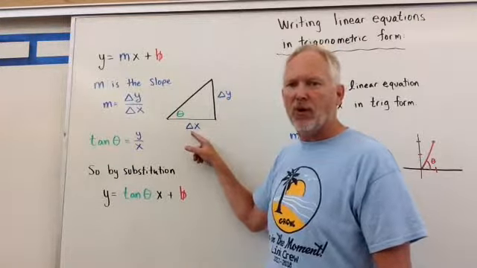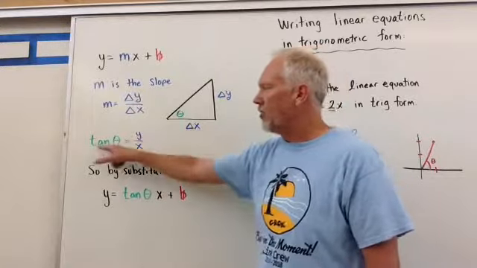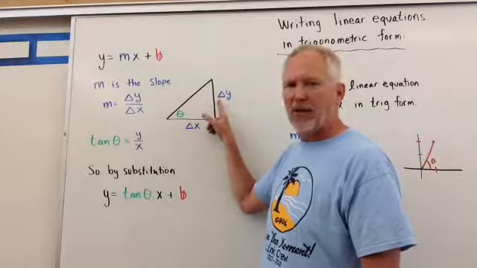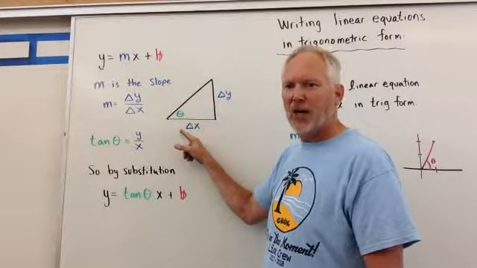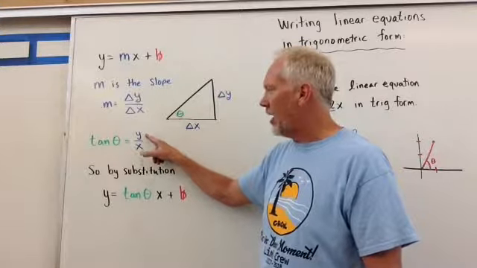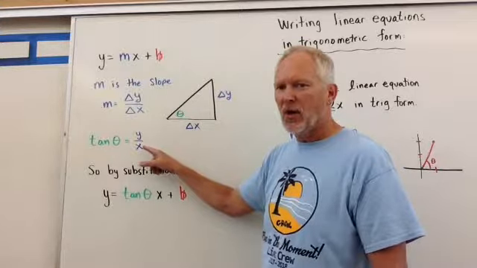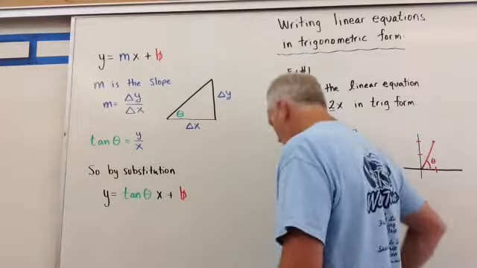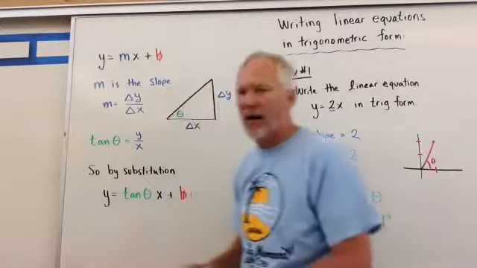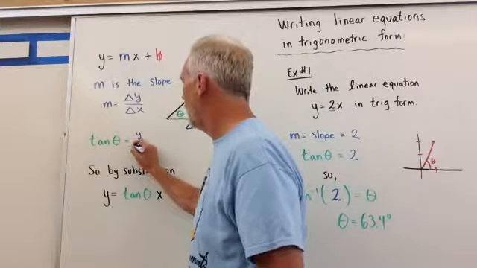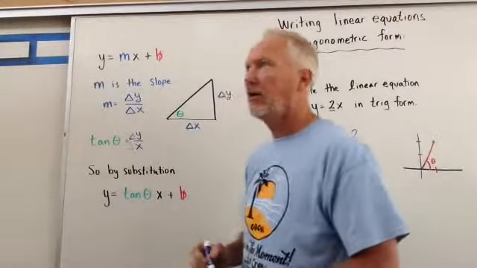Well, what do we know that in trig to be? We know that to be the tangent. Tangent of any angle is opposite over adjacent, or y over x. Opposite side over the adjacent side. So since we have that, and we can notice that this is the change in y and the change in x because it's the total distance.